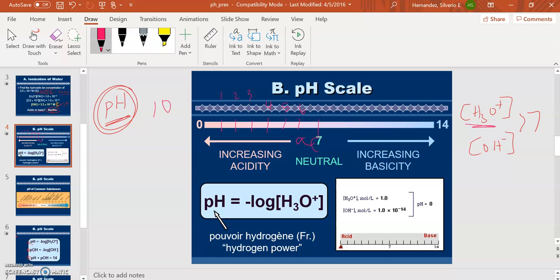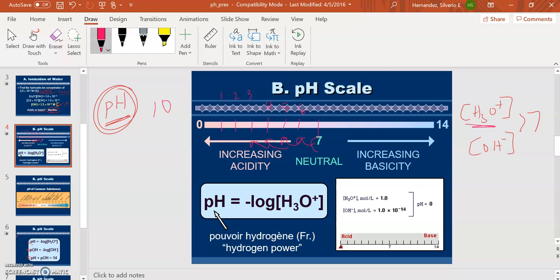that means that the concentration is going to increase by 10. And if I move from 6 to 5, it's increasing again by another factor of 10. So it'd be 100 at 5 compared to 7. And then again, it increases by another factor of 10 to 4. So now you would have an increase of 1,000.